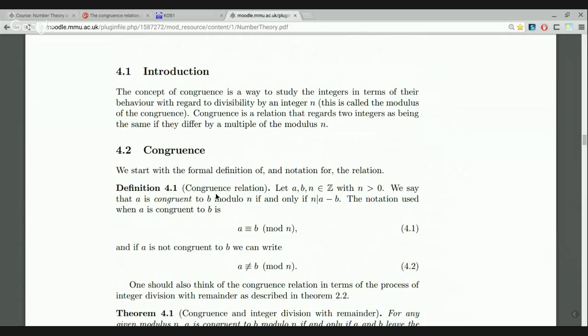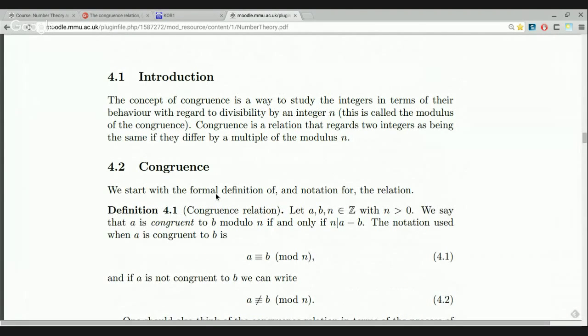So just to remind you of the definition we looked at on Friday, we're introducing a relation amongst integers called congruence. So we speak of one integer being congruent to another one. And what this means is, well, we've got two ways of looking at it, remember.